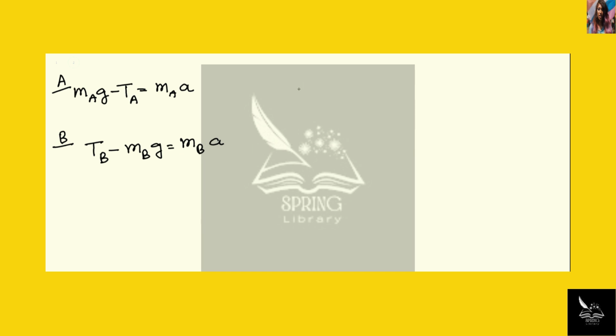Now for the wheel, we'll be having the change in tension force, TA minus TB, times R. So this is the linear force times R, which is basically torque. That's equal to I times alpha, where I is again the moment of inertia.